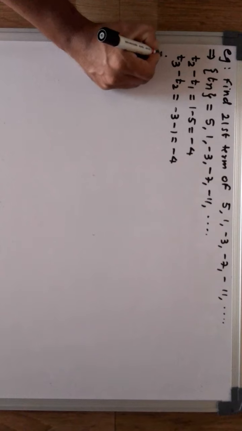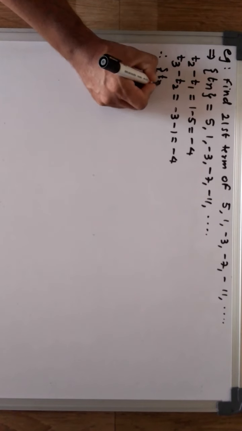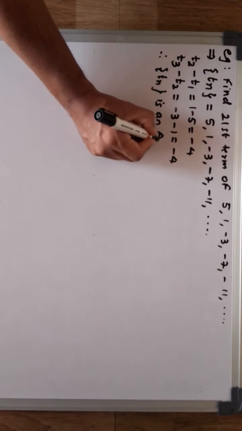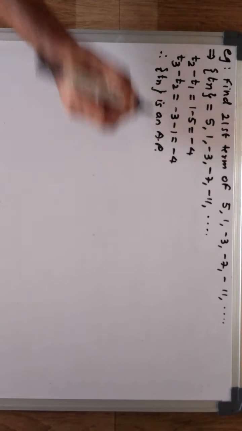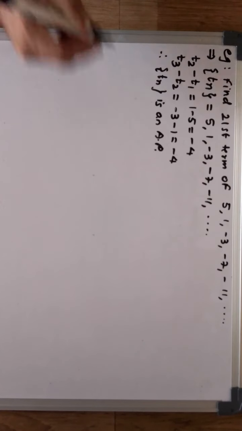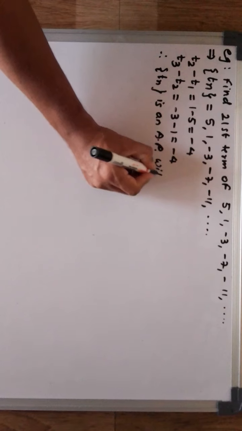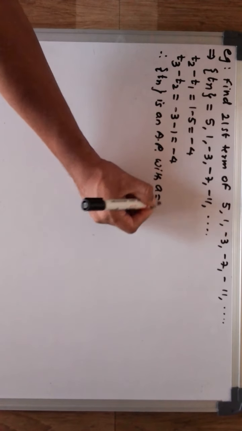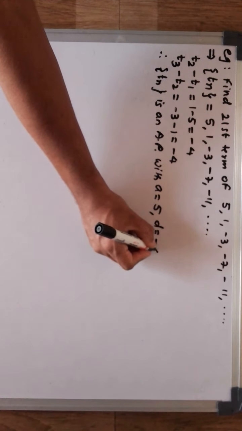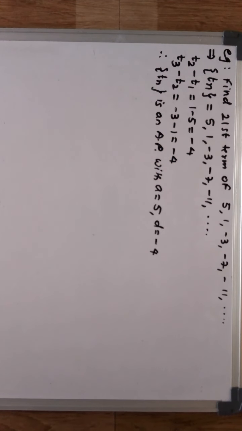So therefore this sequence Tn is an AP. If it is an AP, then it must have a first term. So it is an AP with first term 5 and common difference minus 4.